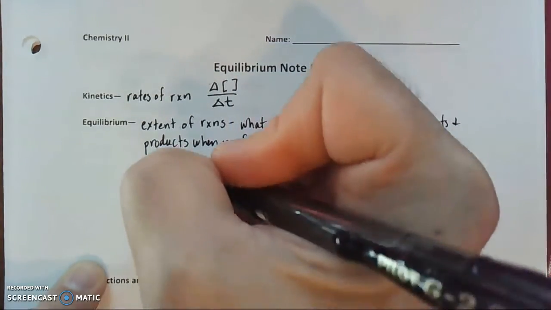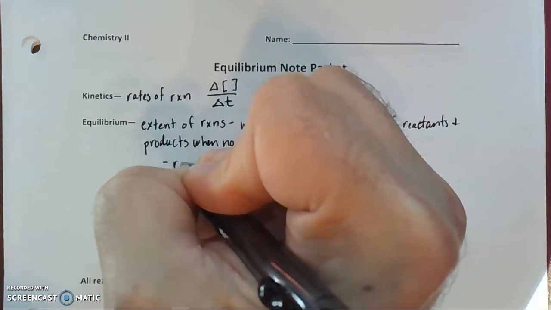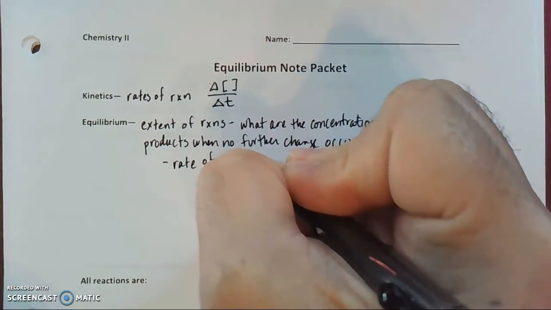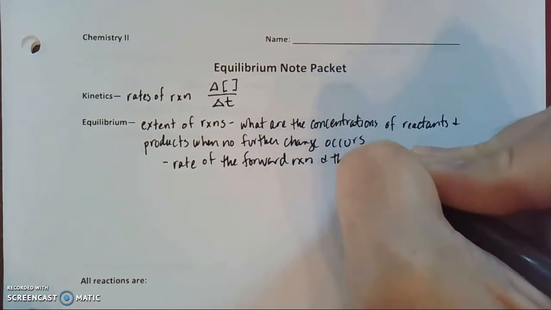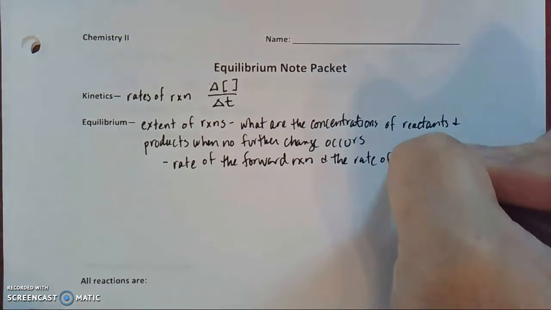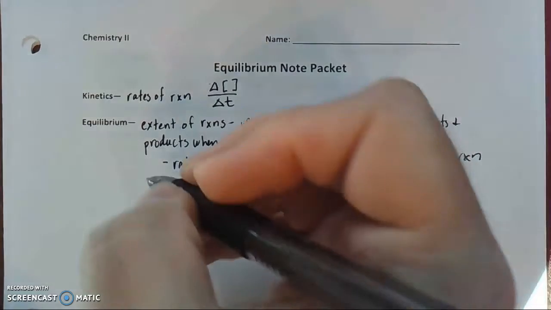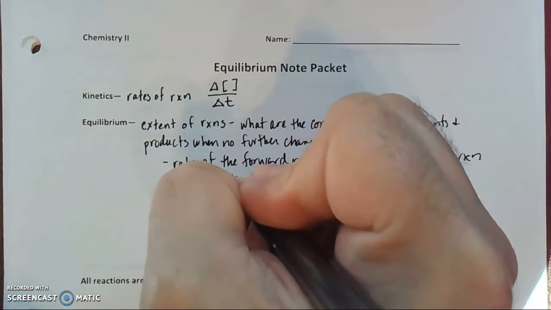We look at equilibrium being a state where the rate of the forward reaction and the rate of the reverse reaction reach a balance, hence the word equilibrium.